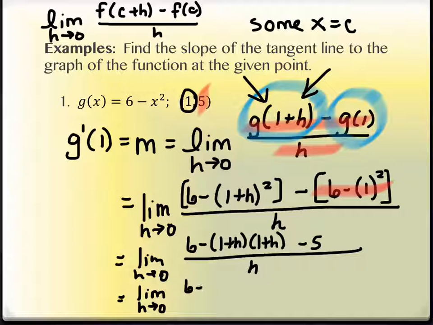So this would be 6 minus, what's 1 plus h times 1 plus h? Should be 1 plus 2h plus h squared. In either order would be fine, sure. Okay, is everybody good with that step? 6 minus 1 plus 2h plus h squared minus 5, still over h.